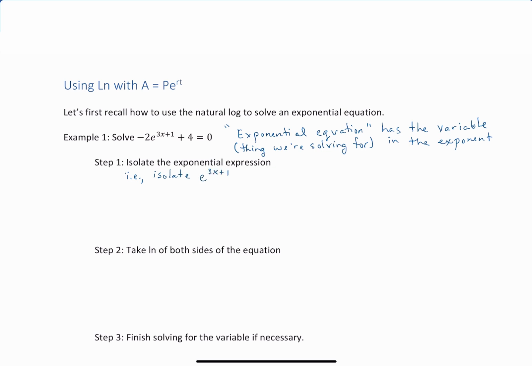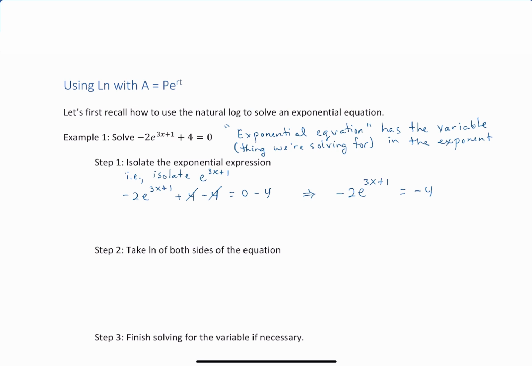So the first thing we're going to do is take our equation, and I need to subtract 4 on both sides to get rid of the 4 that's on the left-hand side. Now at this point, I'm going to use the double arrow that stands in for the word implies. So this equation implies that what we have is minus 2 e to the 3x plus 1 equals negative 4.